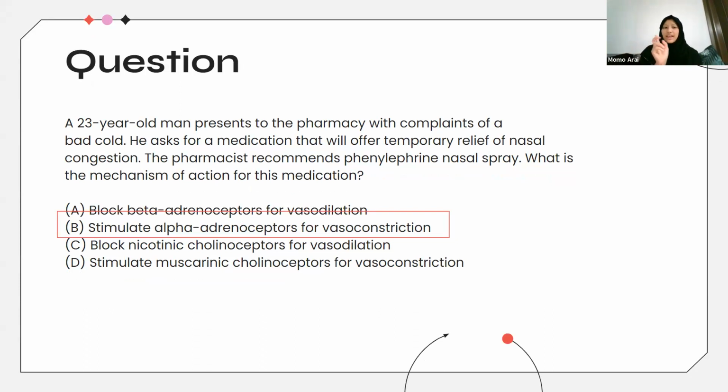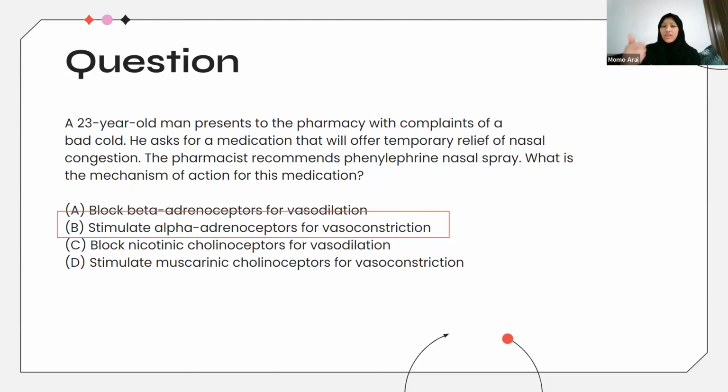So that makes sense. A says block beta adrenoreceptors for vasodilation. Beta receptors do cause vasodilation, but for nasal congestion we use phenylephrine, which is an alpha adrenoreceptor agonist. One of the side effects of this medication is that it can cause rebound congestion.